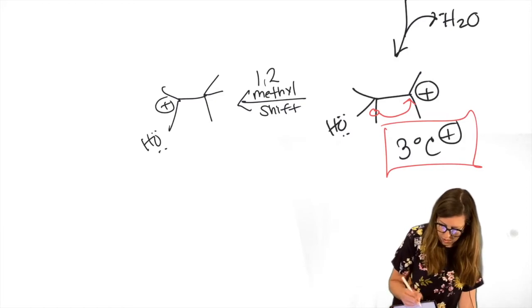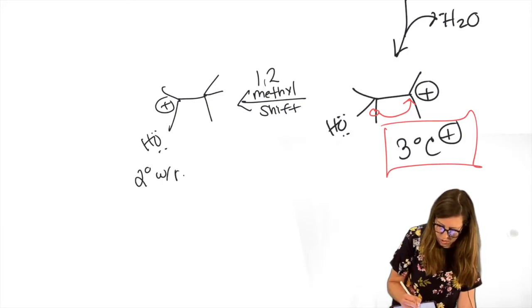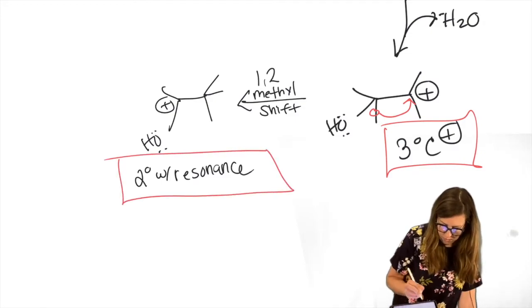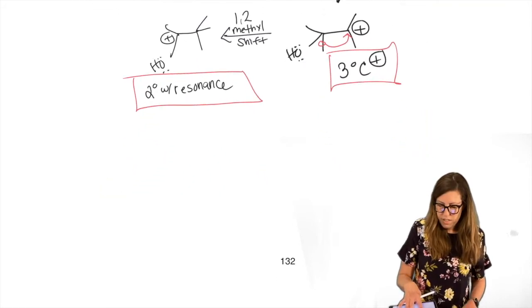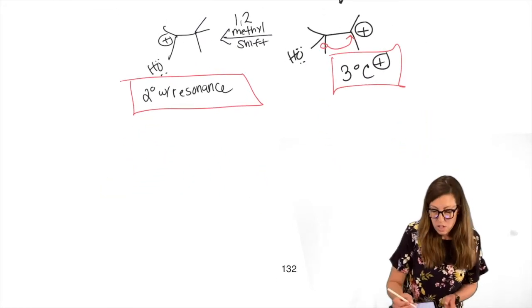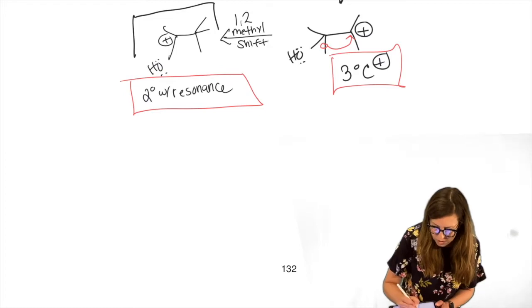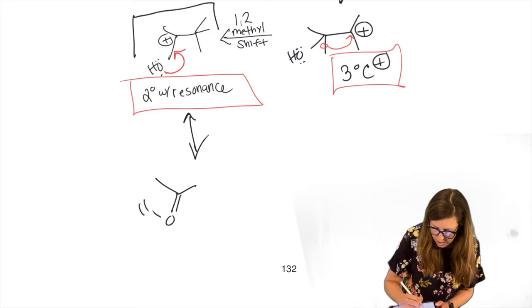So let's write that down, just as a reminder, secondary with resonance. Hey, that's not enough. I'm going to draw the resonance. Why? Because I know I need a ketone, and the resonance will give me a carbonyl. Ha, there it is. I am almost home free.